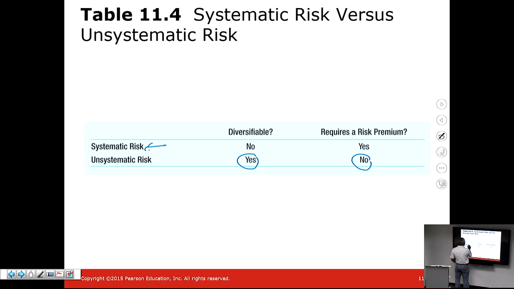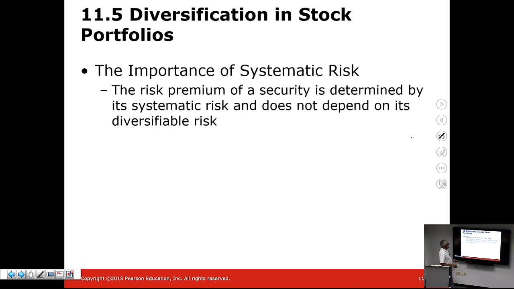However, the systematic risk is not diversifiable. I cannot eliminate it, so I have to receive a compensation for it. If I want to buy stocks that have higher systematic risk, then I should expect compensation for that risk. So our focus should be on systematic risk.